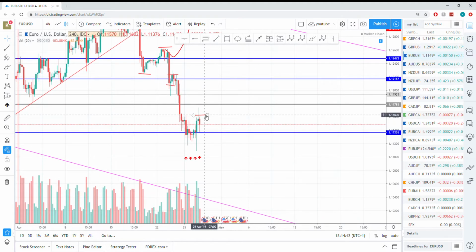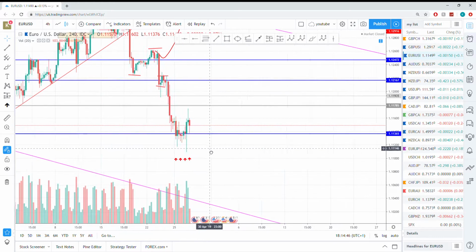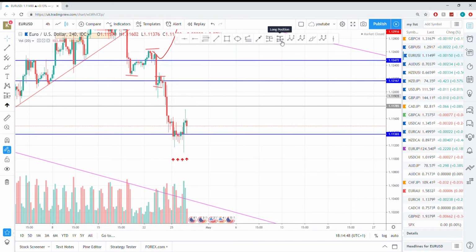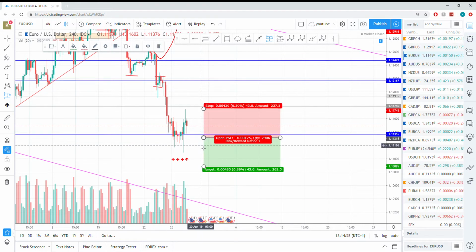So what I would want to check is if I could get entry. I feel like this could potentially be a reversal. However, my positions would still be short if we could get a close in this region here. If we can break and close in this zone, I'll draw it like this.